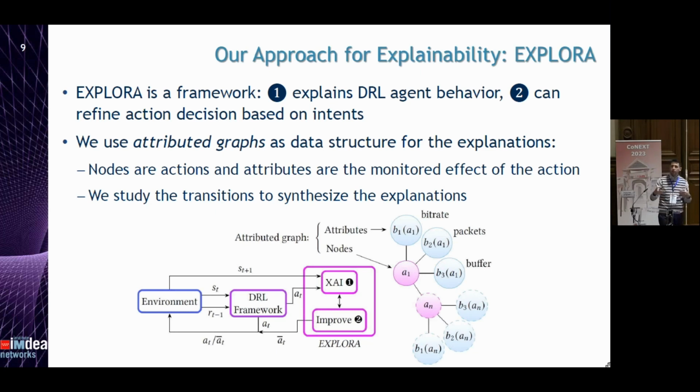In the next step, the next state will record the effect of the action, and we record this information into the attributes of the node that was the previous action. So by doing this, if we observe long enough, we record the effect of each action on the network.